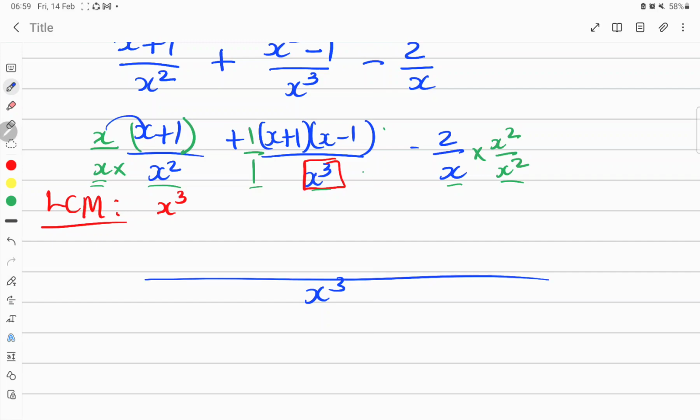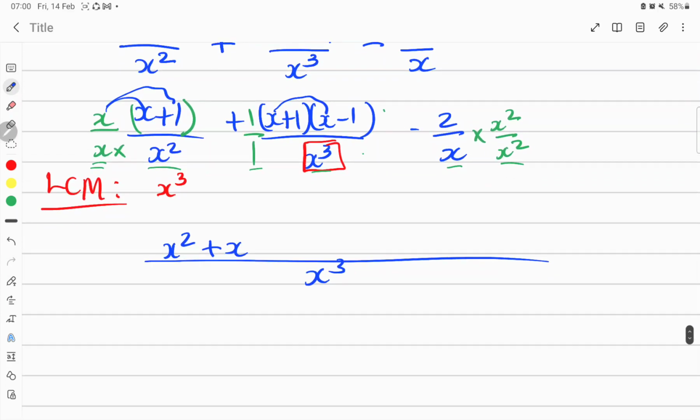Then from there, x squared plus x. Then there is 1. So the 1 doesn't matter. You can simply FOIL. Oh, we did not have to factorize it. It's still fine. So it's going to be plus x squared minus 1 minus 2x squared, because it's 2 times x squared.